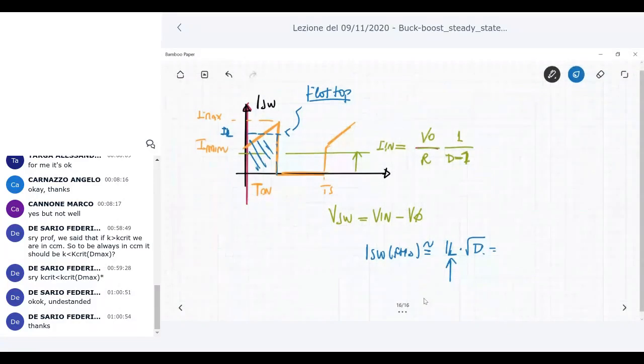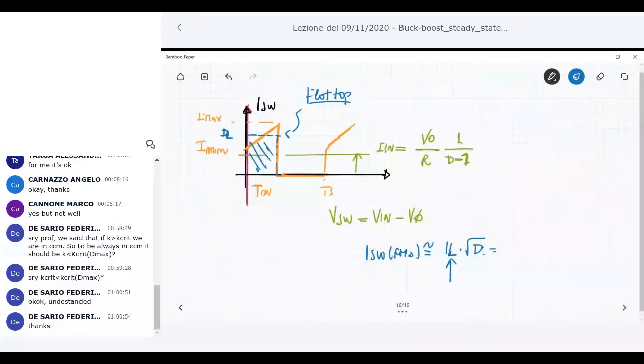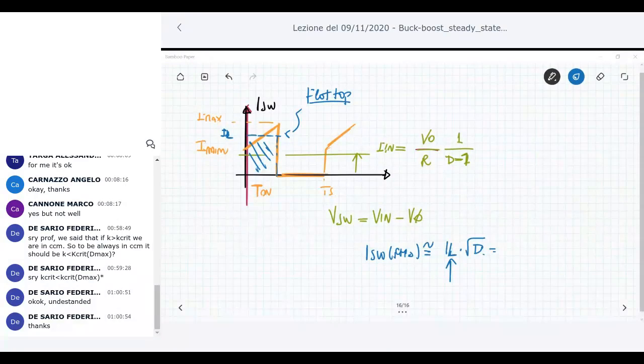So for today, I think that we can stop here. We can continue tomorrow, tomorrow morning at 8:30. I have no answer, no news about the laboratory. So that means that we are waiting for news for next Friday's laboratory.